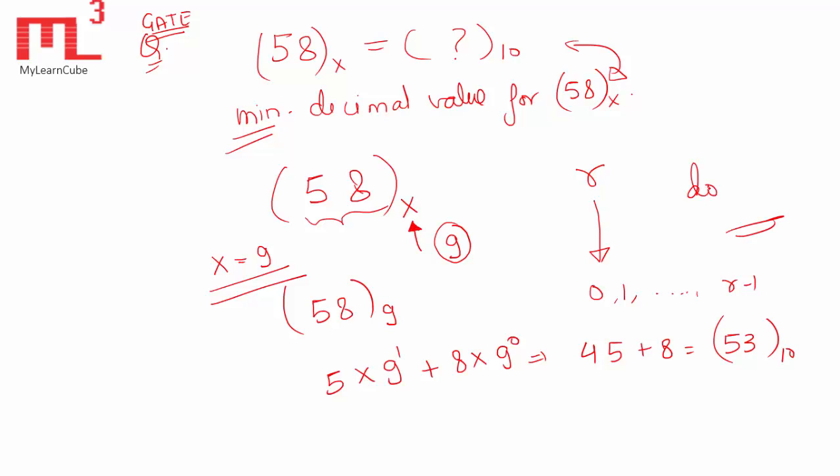Done. This is the way these types of questions are solved. So take one more example: 11c base x, with the answer in base 10. I think now you will be able to solve this question. Okay, you are saying c is 12.